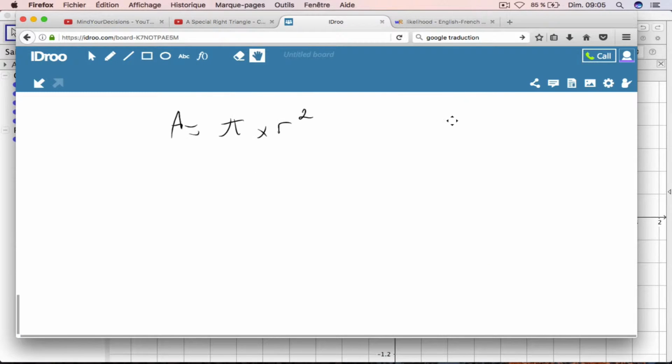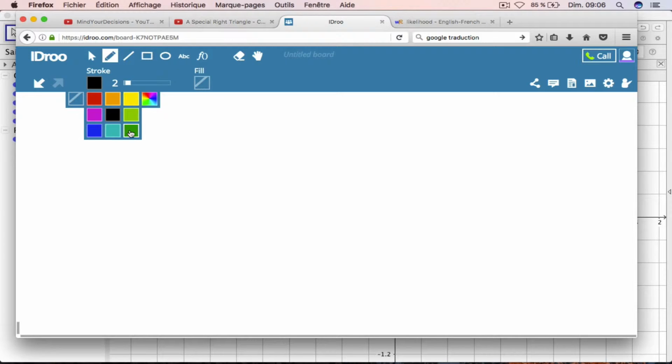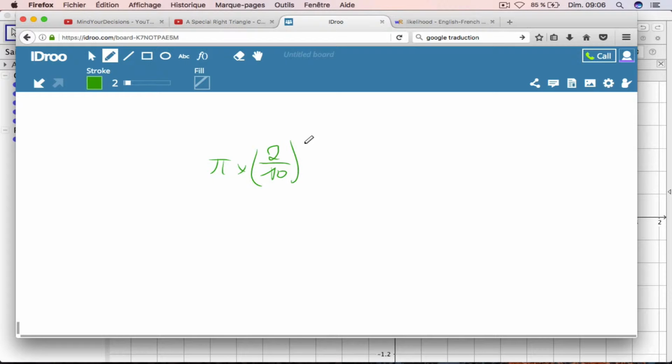We know how to compute the area of the green circle. It's pi times the radius of the green circle, which we said is 2 over 10, squared, over the radius of the white circle, which is 1, so that's easy to compute.